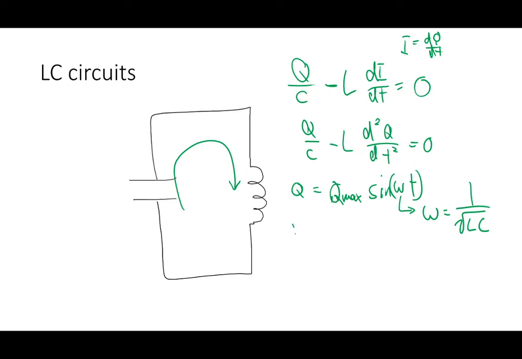Qmax, of course, refers to the V across the capacitor, because it's just a matter of dividing by C, so VC does the same thing.